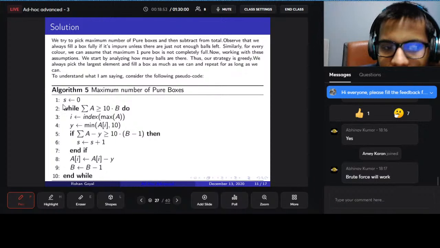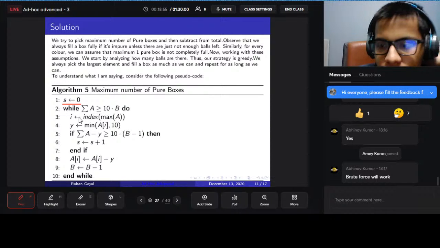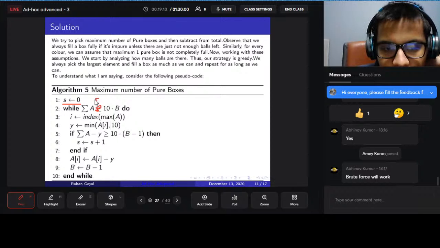The algorithm says that you start with some value 0, the number of pure boxes is 0. Now, whenever the sum of all terms is greater, sorry, this should be less than or equal to, and this should be less than or equal to. My bad.